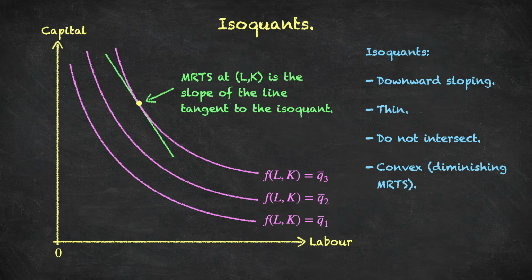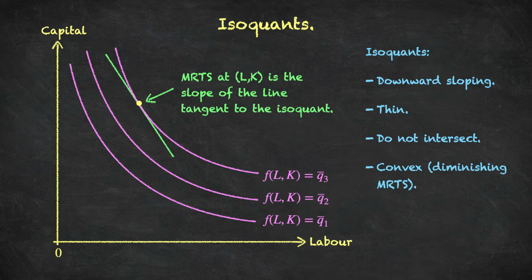We make several assumptions about isoquants: we will assume frequently that they are downward sloping, perfectly thin, that they don't intersect, and most commonly we will assume that they are convex. That is, they start off very steep and get flatter as we increase the amount of labour. Another way of saying this is that the marginal rate of technical substitution is diminishing.